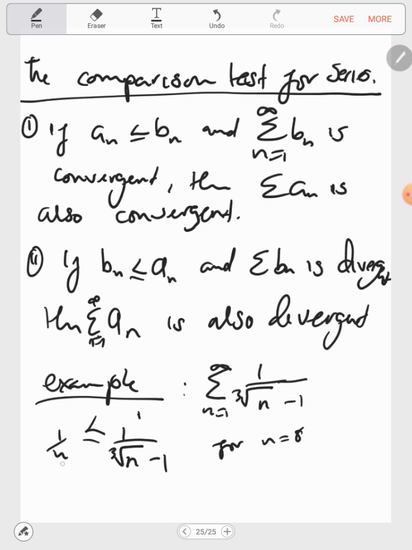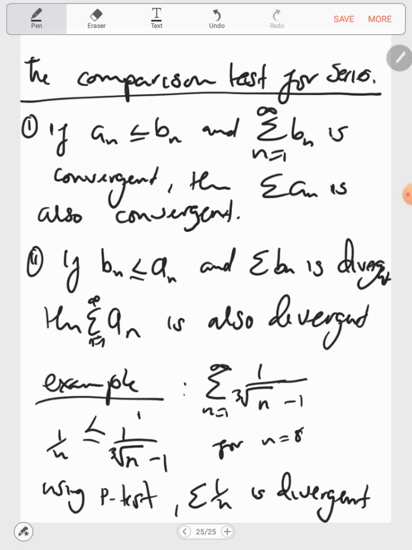So is this divergent? Now using the p-test, p is 1, which means this series is divergent.